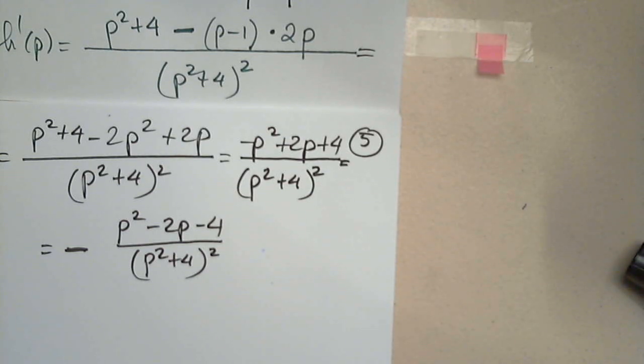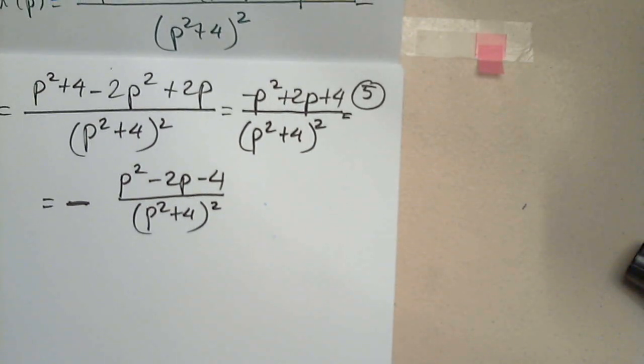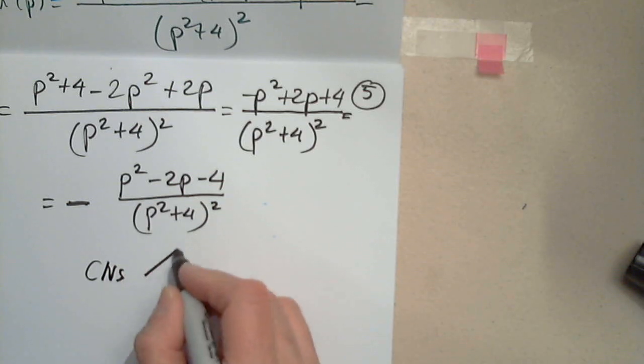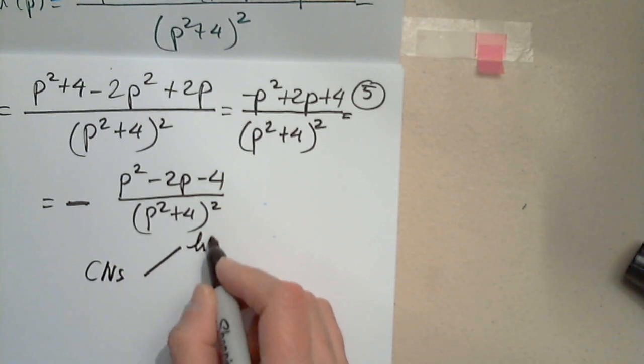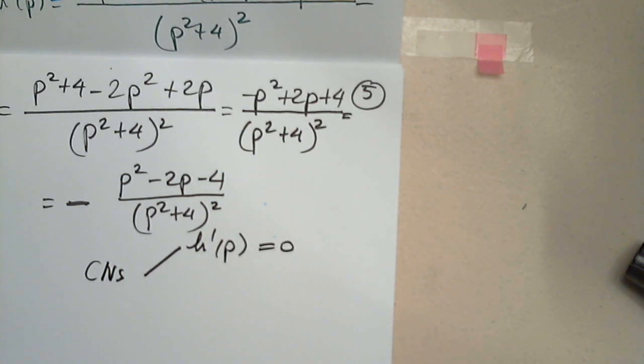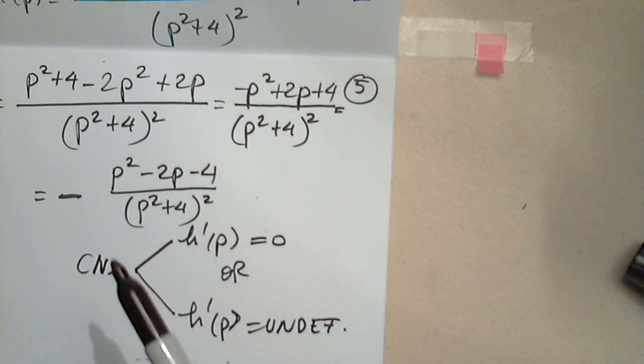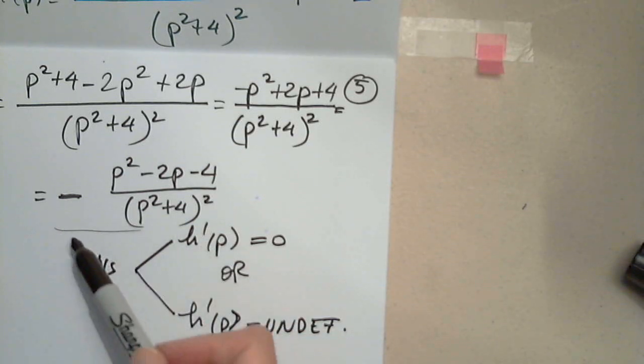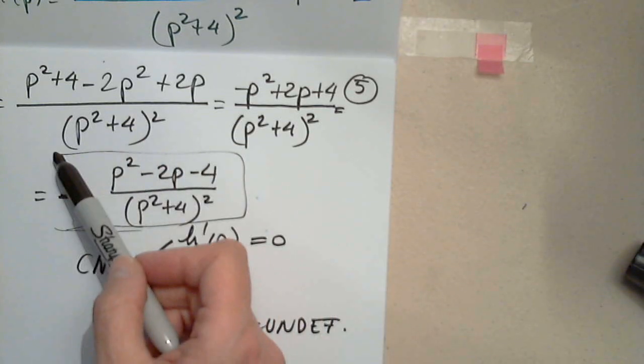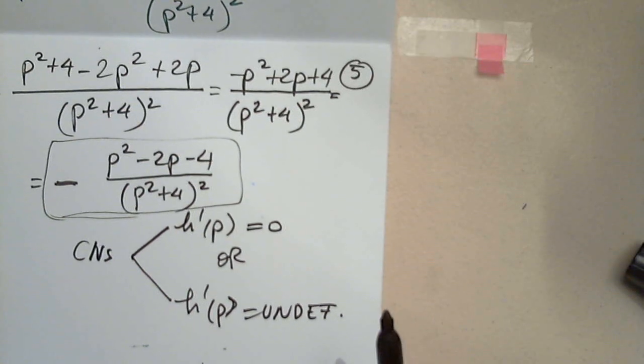Okay, so we know that critical numbers come, as I said, from two sources. Either h prime of p is 0, or h prime of p is undefined where the function is defined. But let's start with the second one. Is this function ever undefined?